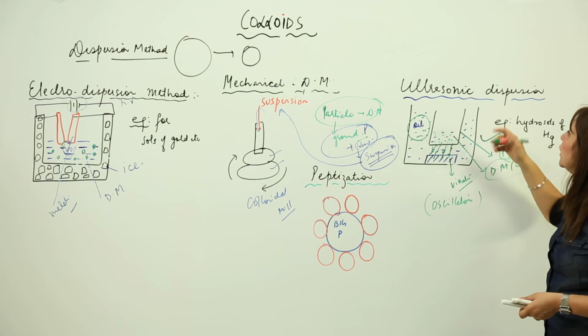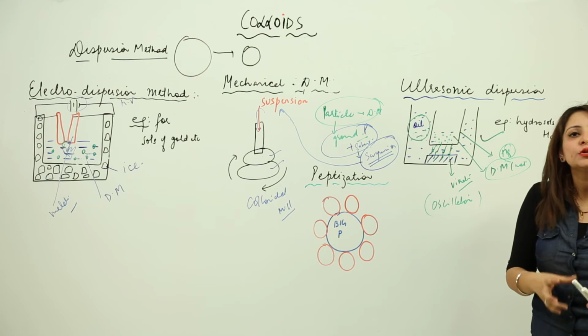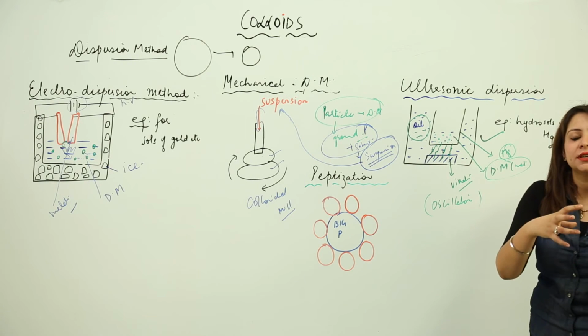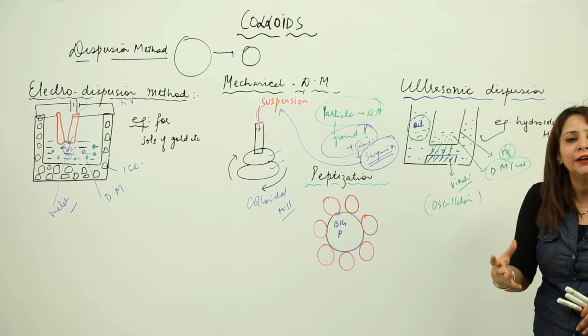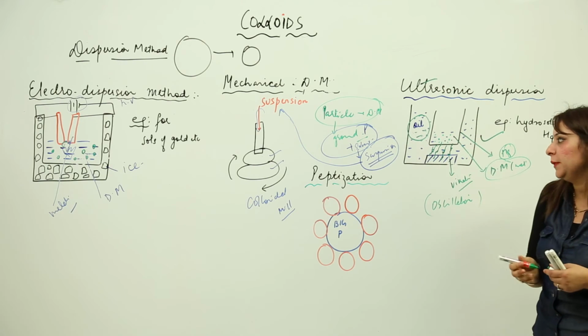So this is how we are grounding the particles into finer particles by using a vibrator. Those vibrations are capable of converting bigger particles into smaller ones of the colloidal range. So this is our ultrasonic dispersion method.